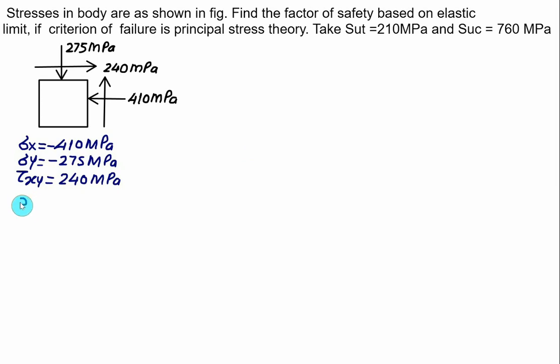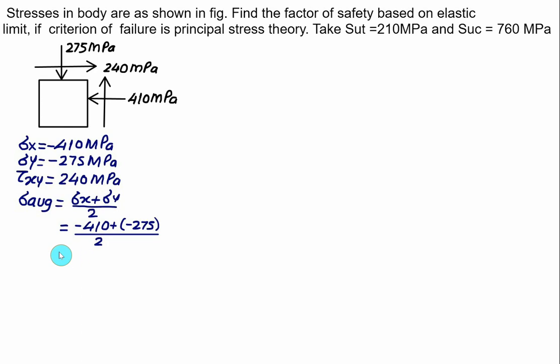Sigma average is equal to sigma x plus sigma y divided by 2. In this case, sigma x is equal to minus 410, sigma y is equal to minus 275, and the whole thing is divided by 2.